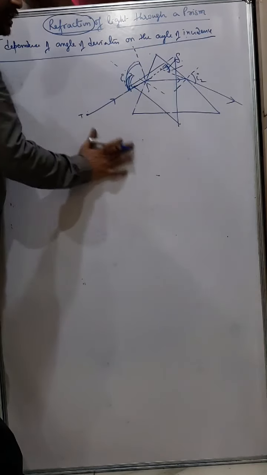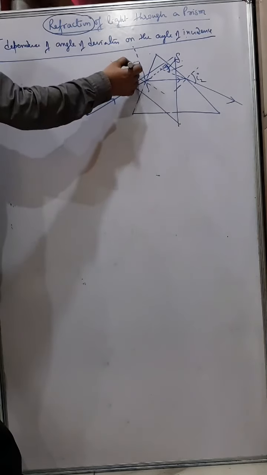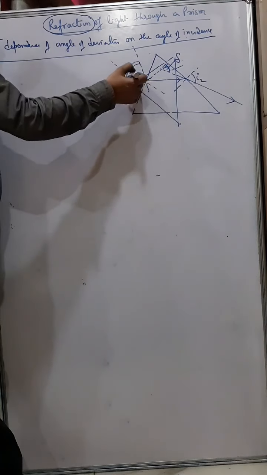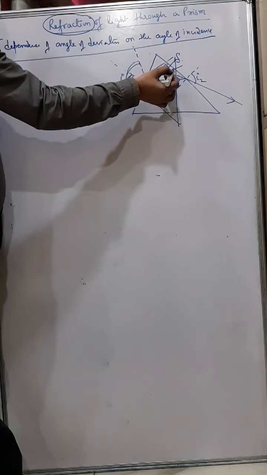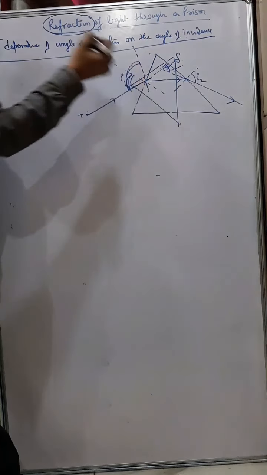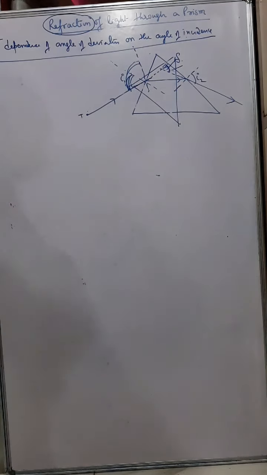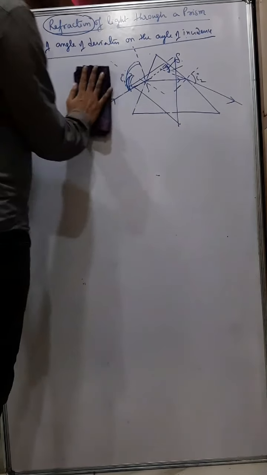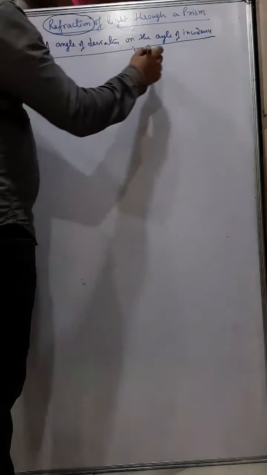Now you understand what is happening? Initially as we increase the angle of incidence, the angle of deviation is decreasing. But after reaching a minimum value, the angle of deviation starts increasing with increasing angle of incidence.